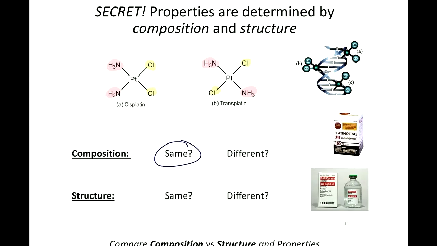What about their structure? Look very carefully. They are different. Yes, in this one, the 2 chlorines are next to one another. They're sisters, that's why it's called cisplatin. And in the other one, the 2 chlorines are across from one another, so that's transplatin, right? So here's an example. Composition the same, structure different.